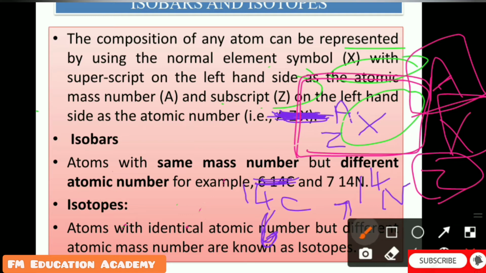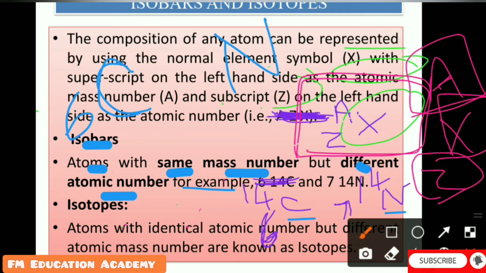So what are isobars? Atoms with the same mass number but different atomic number are called isobars. For example, we have carbon and nitrogen. The atomic number of carbon is 6 and the atomic number of nitrogen is 7, and I said you have to write the atomic number below as a subscript. So 6 and 7 are written below.